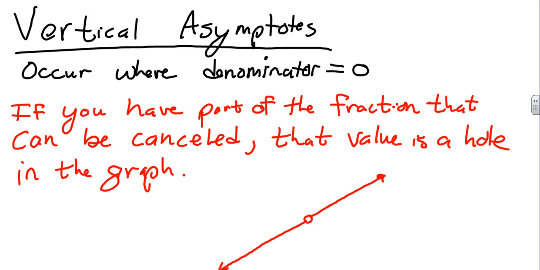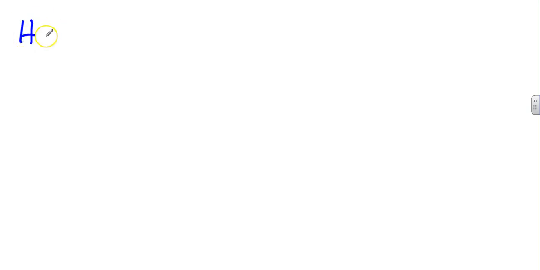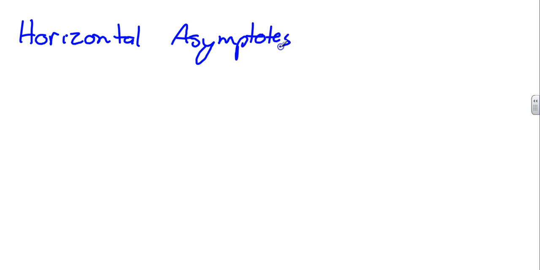Okay, and then let's get the horizontal asymptotes. Let me go to the next page. Horizontal asymptotes are a little bit longer, because this is more of a comparison kind of thing. It's not just do this one thing and you've got it.